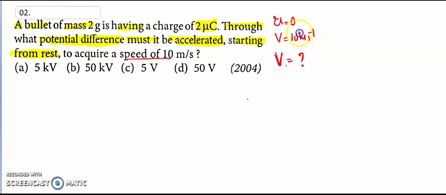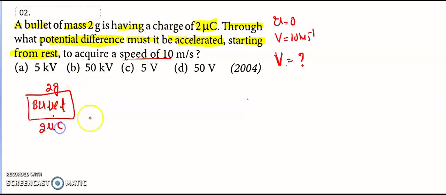So we know there is a bullet with mass 2 gram, having a charge of 2 microcoulomb, and it is moving. Moving means it has kinetic energy, which is equal to half m v square.